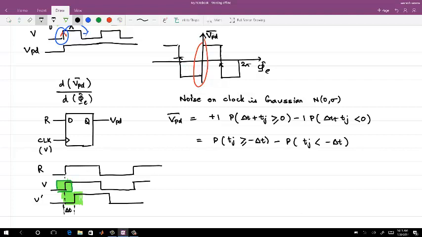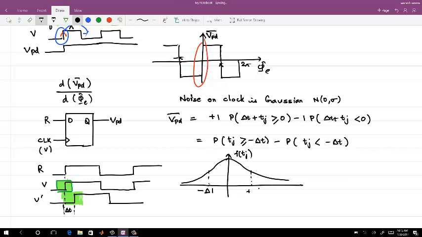If I show you the Gaussian curve here, this is minus Tj, this is plus Tj, this is the probability function PDF f of Tj, and Tj is the x-axis.